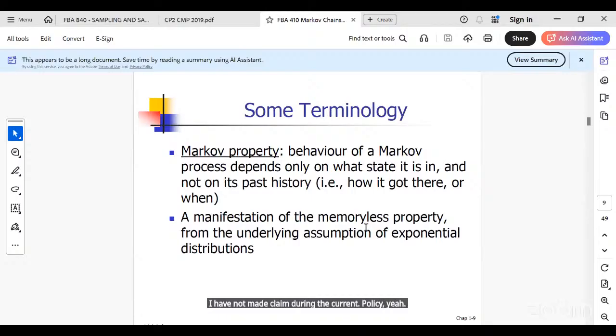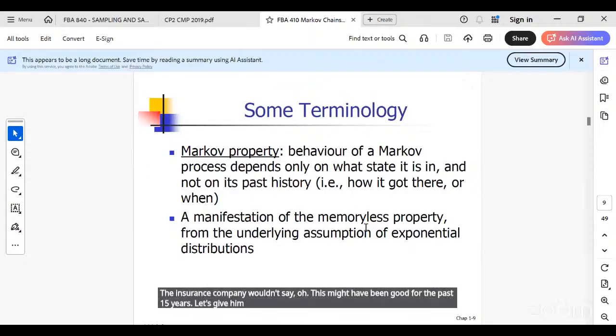Current is the key word. It is not based on your historical past. The fact that I've been a good driver for the past 15 years, and I'm in the 15th year and I want to renew my policy for my 16th year, and during the 15th year I made at least one claim. The insurance company wouldn't say, oh, this man has been good for the past 15 years, let's give him a discount.